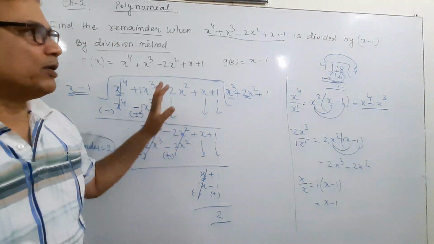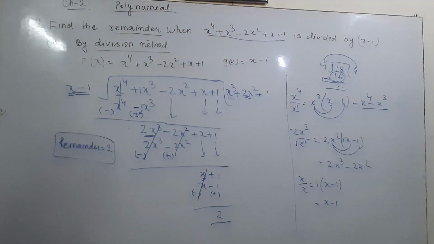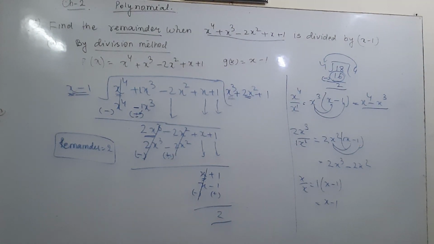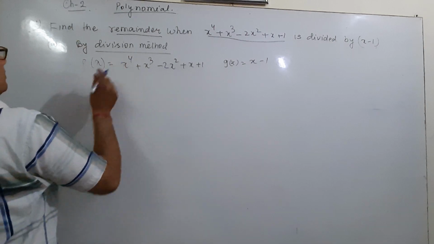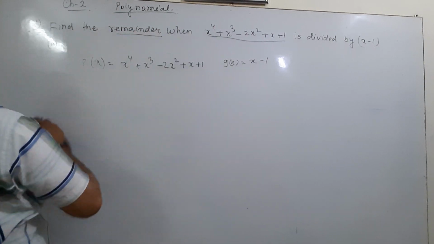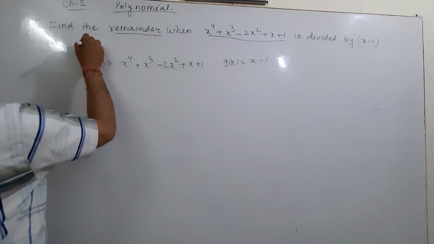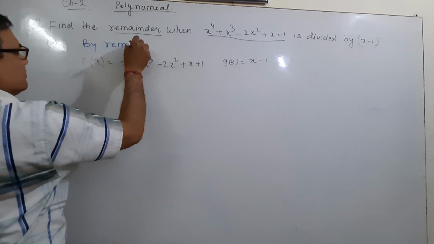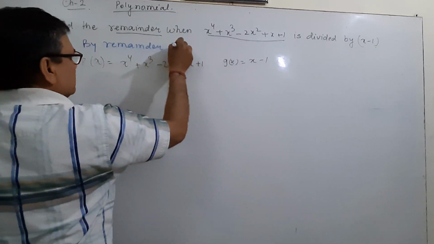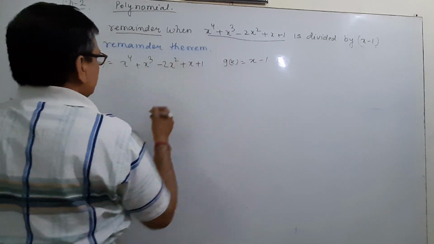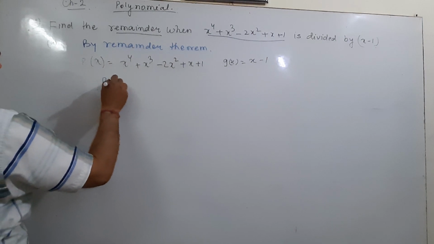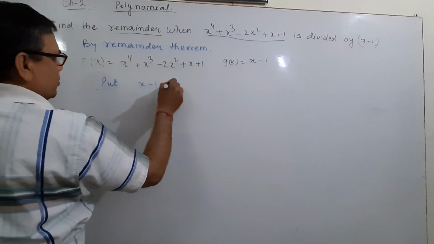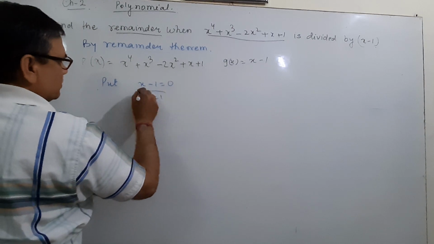Next, we have to again find the remainder. Check it. By the remainder theorem, this is your p(x), and put x minus 1 equal to 0, then x equals 1.